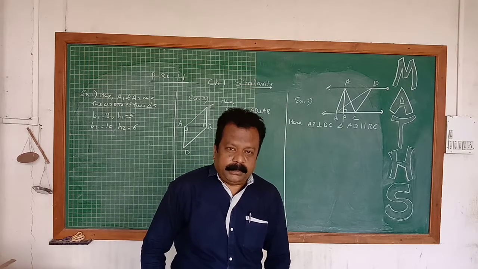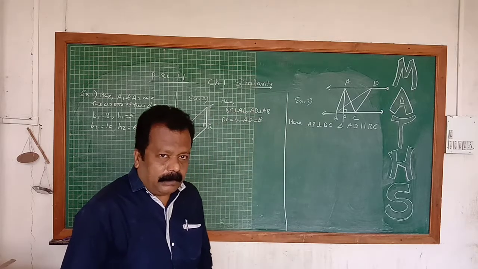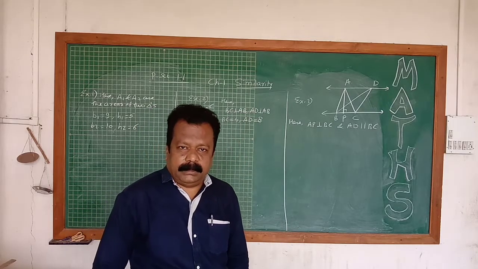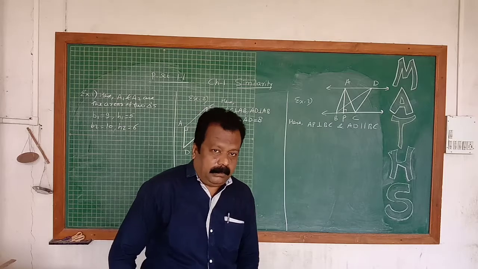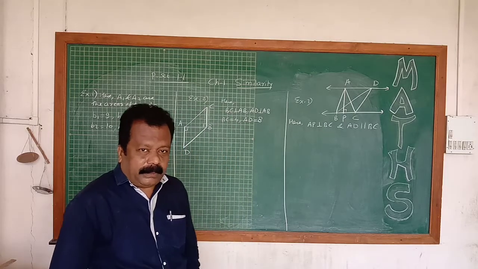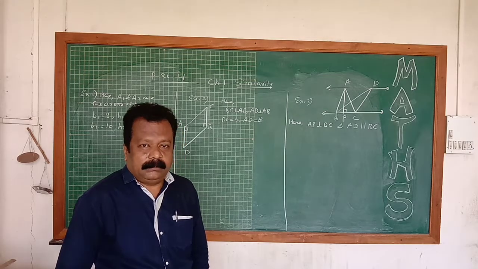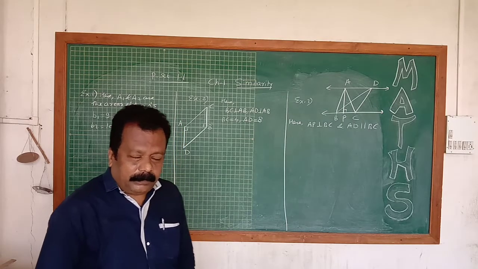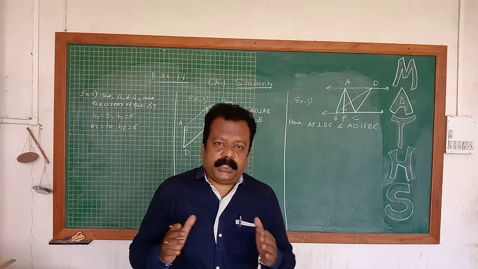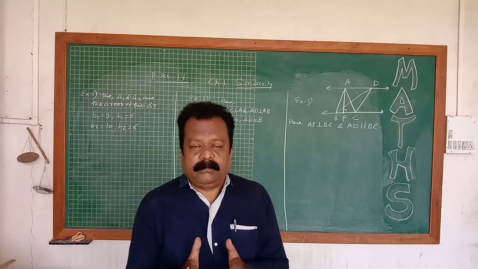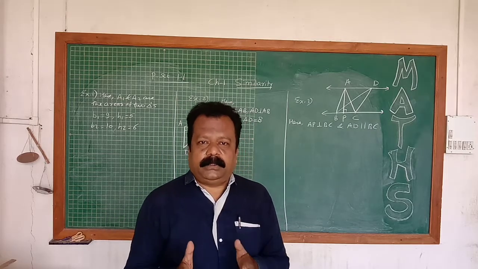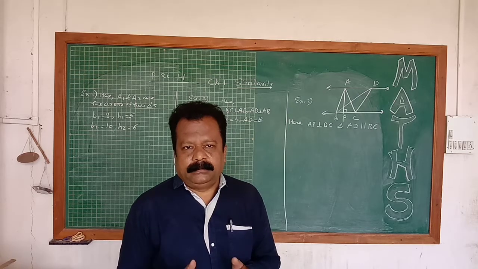Now today, let's revise chapter number 1, Similarity, Standard 10. First of all, properties of triangles. There are three properties. Property number 1 states that the ratio of areas of two triangles is equal to the ratio of the product of their corresponding bases and heights.